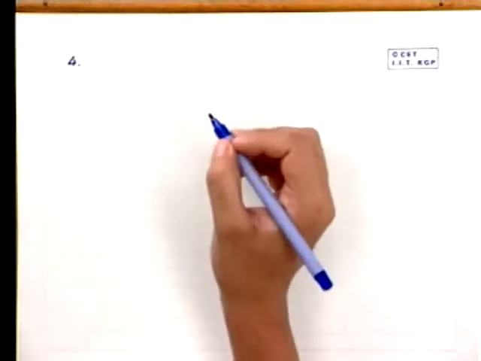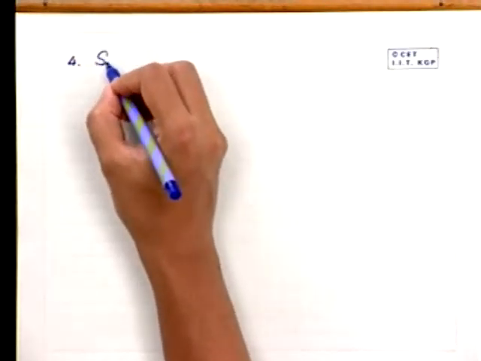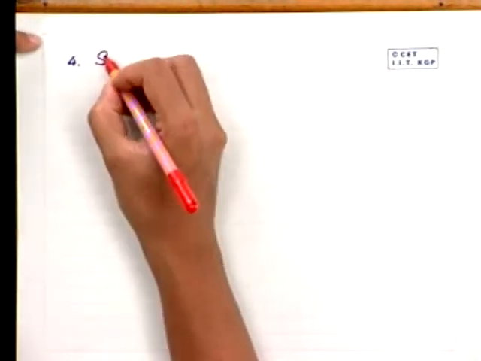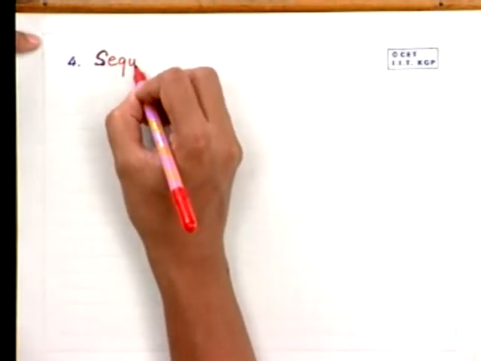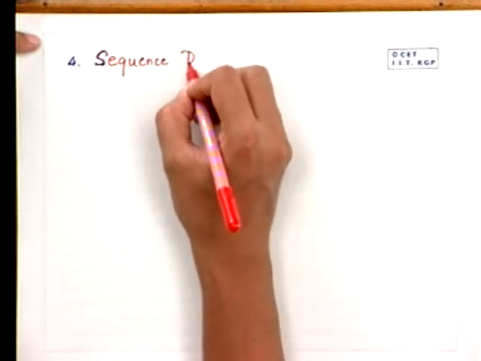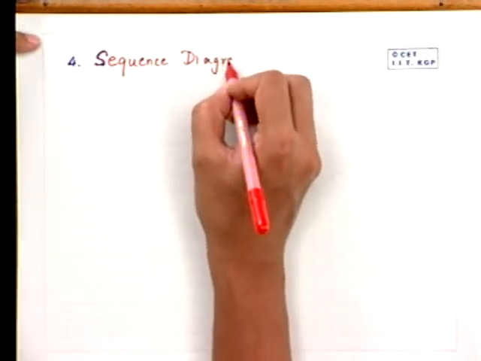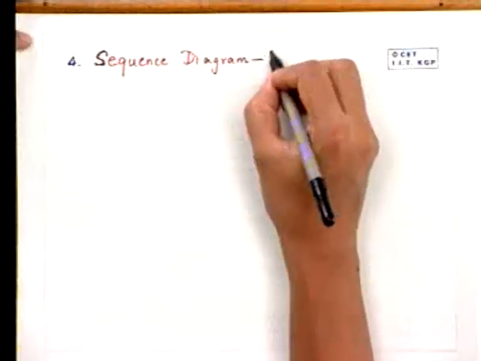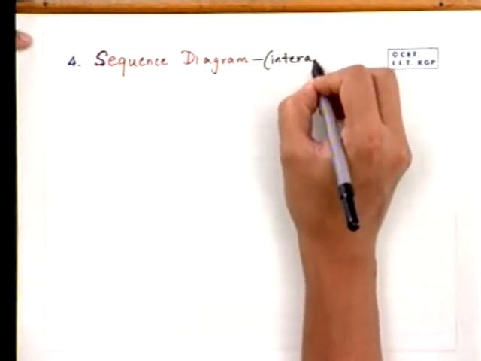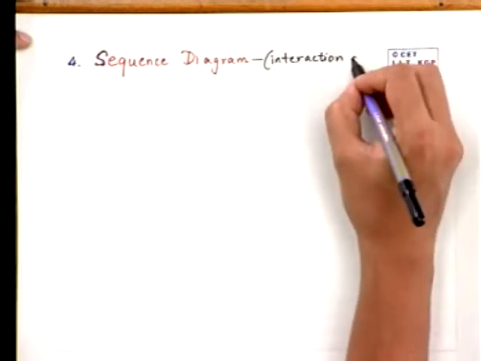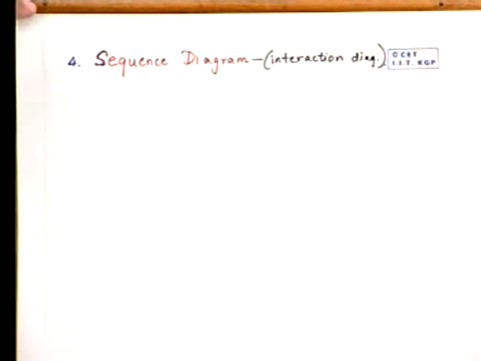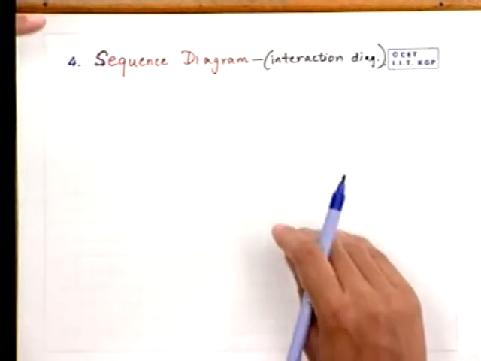Next, we look at the fourth type of diagram, which is the sequence diagram. Sequence diagram is a type of interaction diagram. So sequence diagrams emphasize the ordering of the messages.